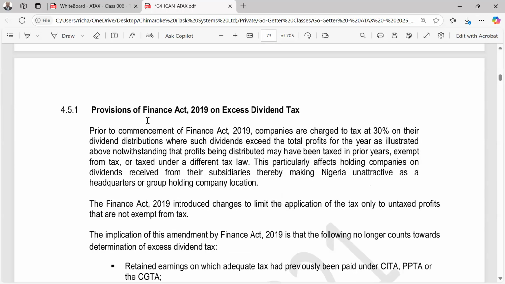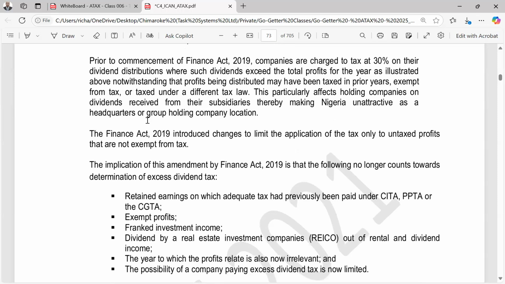So the Finance Act 2019 introduced changes to limit the application of tax only to untaxed profits that are not exempt from tax. It means that any part of the profit that has escaped tax, which is untaxed but is not exempt from tax, is going to be taxed.